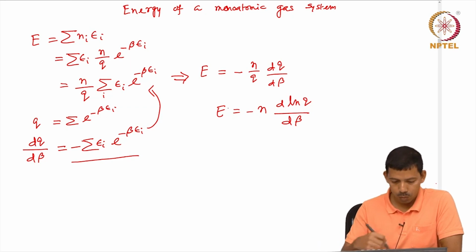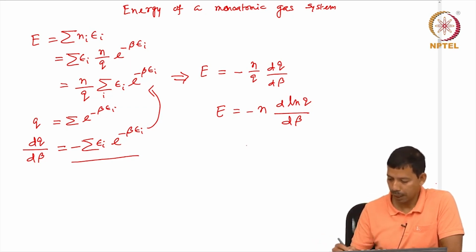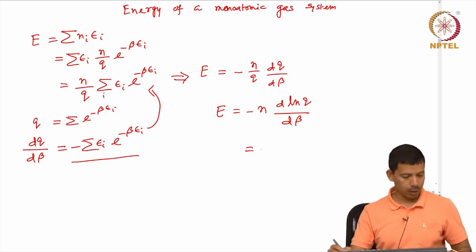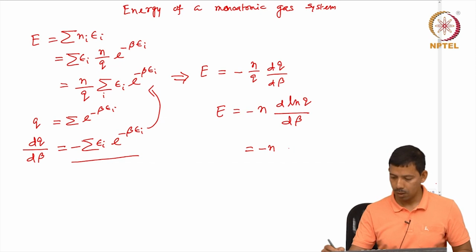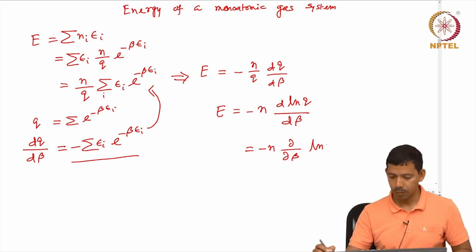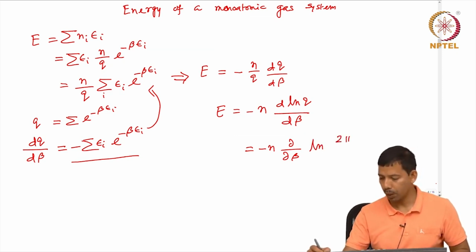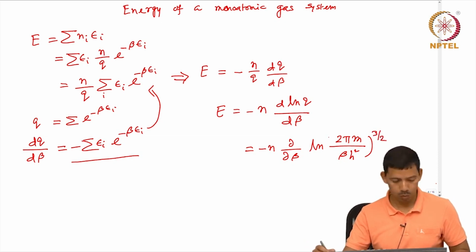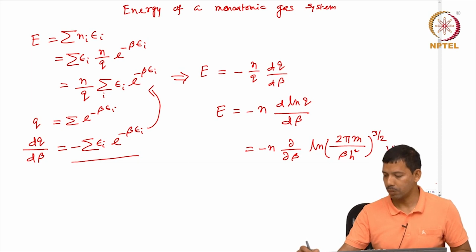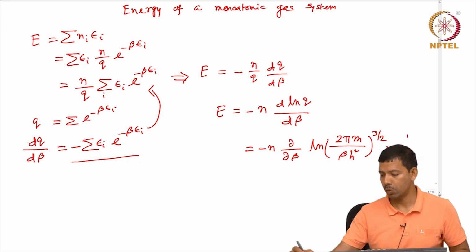Now we got Q from the previous expression, and we are putting that Q expression in here. So we can write E is equal to minus N del by del beta of ln of Q, which was (2 pi m by beta h square) to the power 3 by 2 times V, and we are doing that at constant volume.